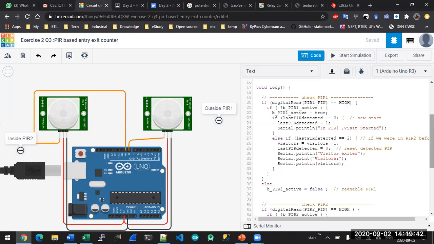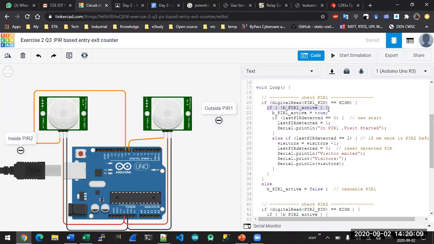We check this because both sensors can be active at the same time, since some person may be moving from outside and some person from inside. So we just have to check whether this sensor was not active previously and now it has become active. That's why this if condition is used.